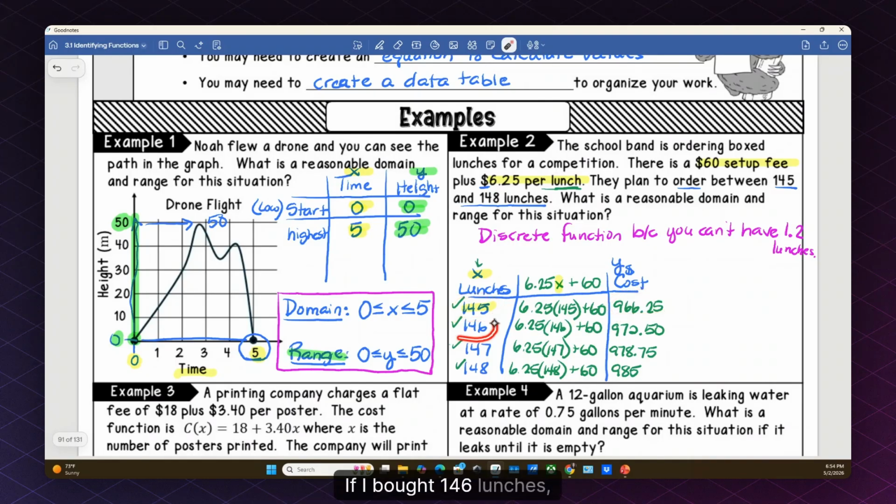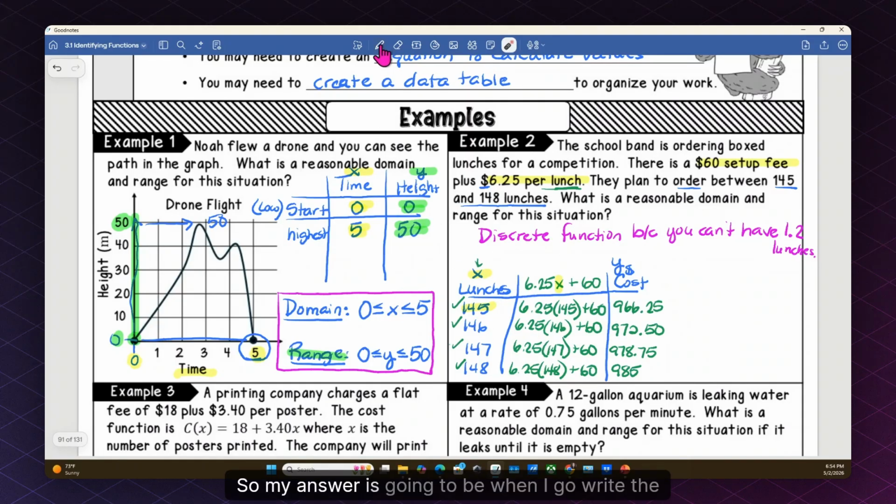If I bought 146 lunches, it's going to cost me $972.50. And then if I bought 147 lunches, it's going to cost me $978.75. And if I bought 148 lunches, it's going to cost me $985. That's what we did here with this data table. This data table is only my scratch work.